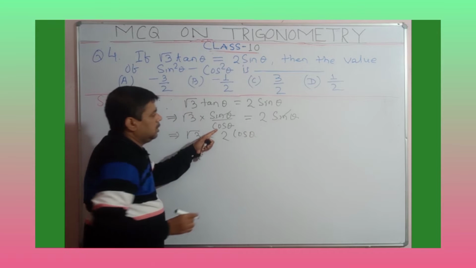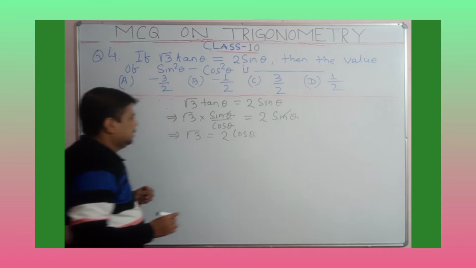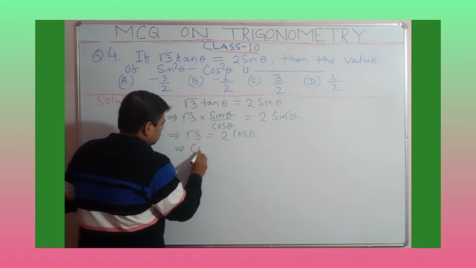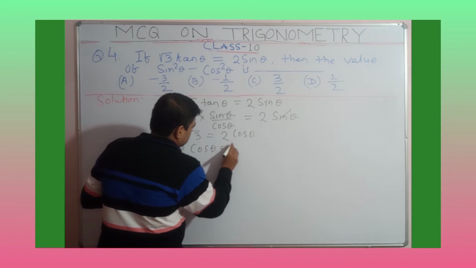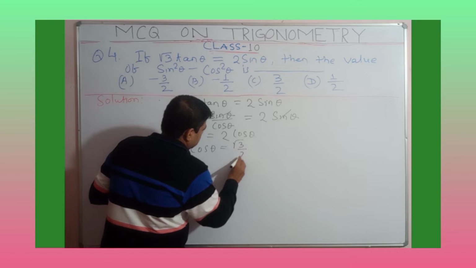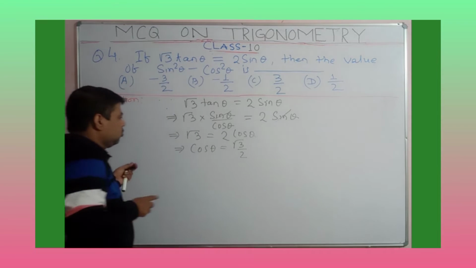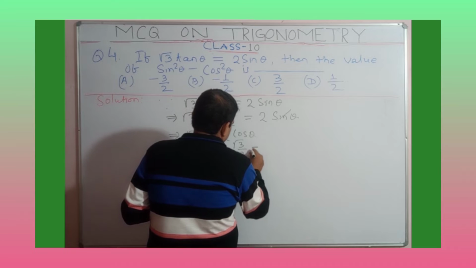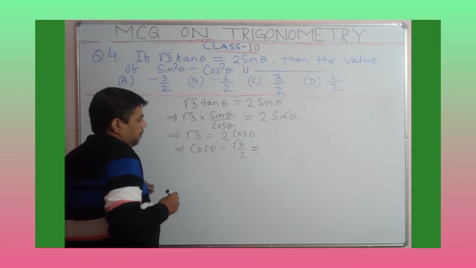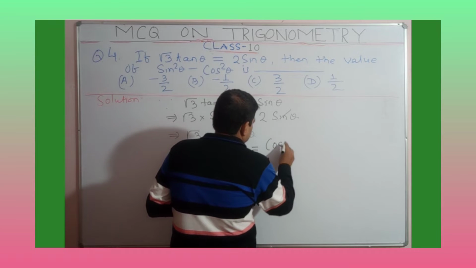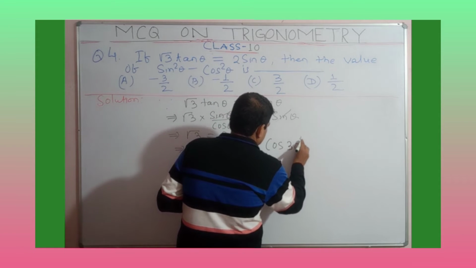Here cos theta will be transferred to the right hand side. It will be 2 cos theta. So that implies cos theta is equal to root 3 upon 2. Yes or no? Cos theta is equal to root 3 upon 2. But we know cos 30 degree is root 3 upon 2.